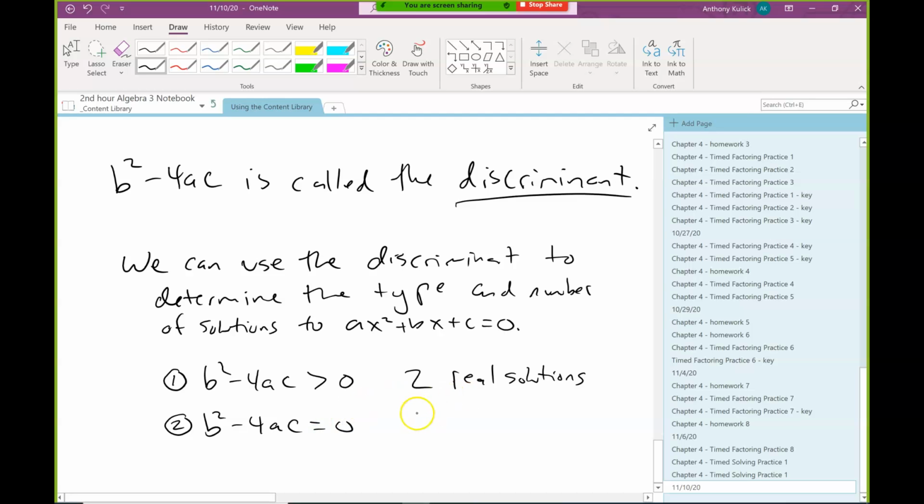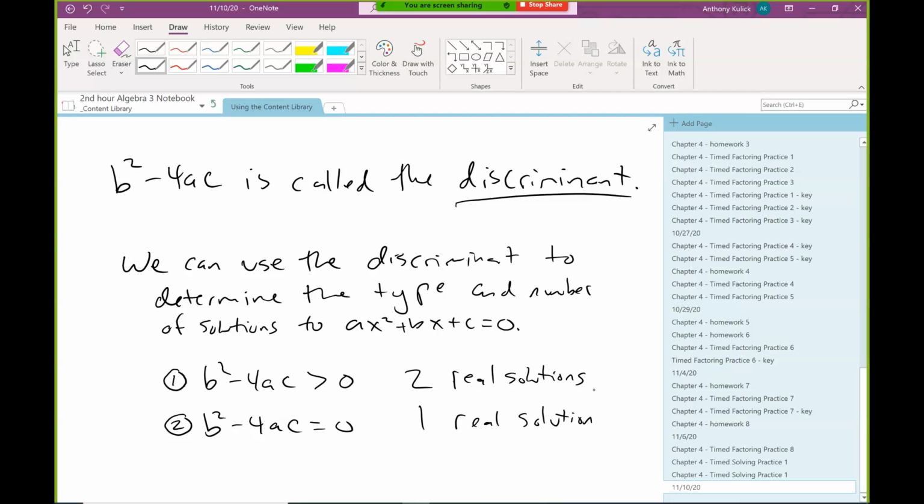If that discriminant is 0, you're going to get 1 real solution. And really, when we say 1 real solution, we really mean 1 unique real solution. Really, you're getting 2 solutions, but they're both the same answer.